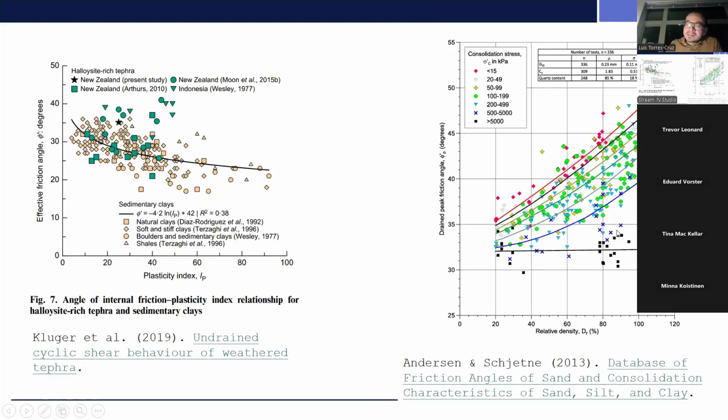And in this case, the authors have incorporated the effect of the confining stress level. Okay, so remember that the higher the confining stress level, the more likely it is that that soil will behave in a contractive manner. And therefore, if it is contractive, it will have a lower friction angle, and that is reflected in the trends shown in this figure.